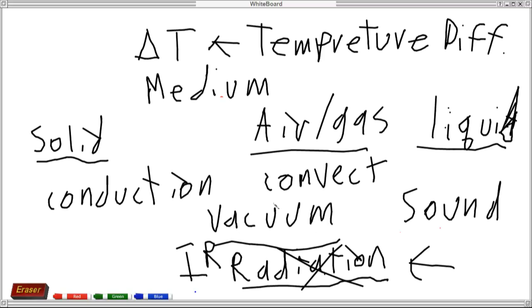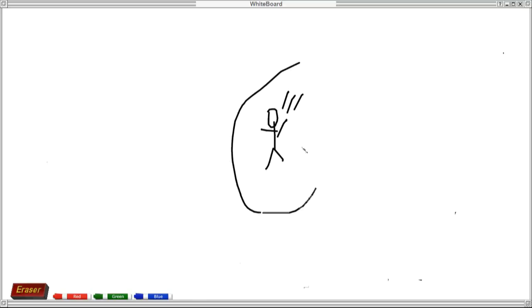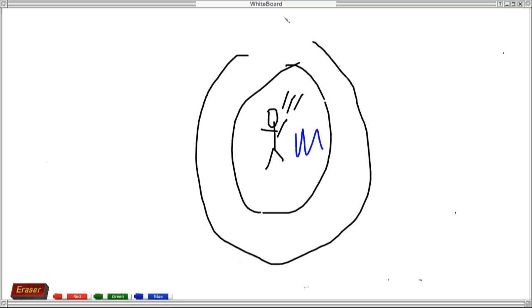So if you had something, for example, let me erase this. Like I was saying, let's say you are here, you're yelling as loud as you can, and let's say you're in a bubble, considering that you have enough air to breathe in there, and the outside is completely isolated.